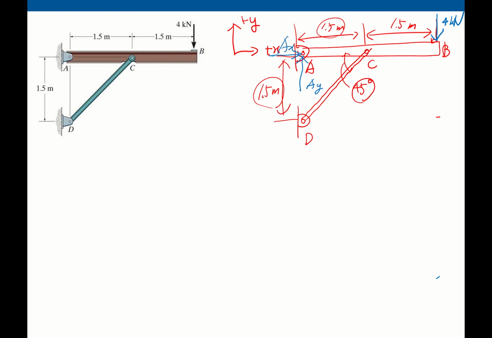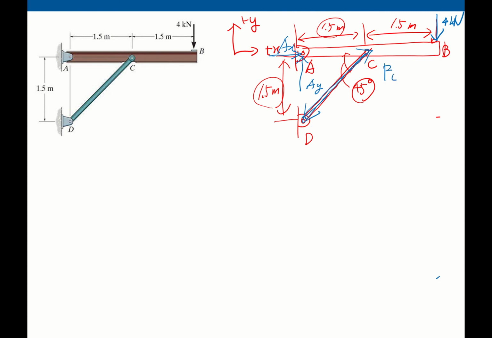How about this one, member CD? Since this object is stable, we have unknowns here, but they are the same magnitude but opposite directions, and they are all acting on the same line, which means this is a 2 force member.